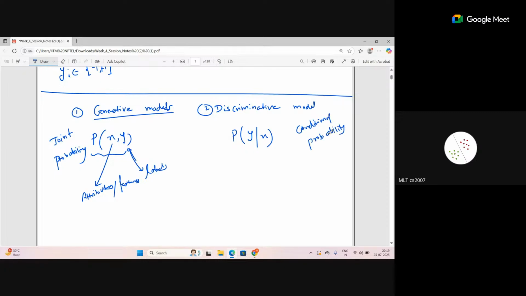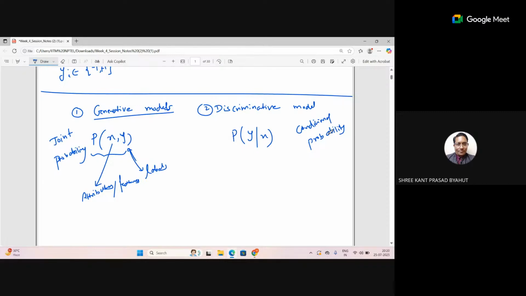Is that okay? Till this part is fine? So in a discriminative model you find the conditional probability, the probability of y given x. If you wanted to say it in a sentence, it is the probability of y given x.